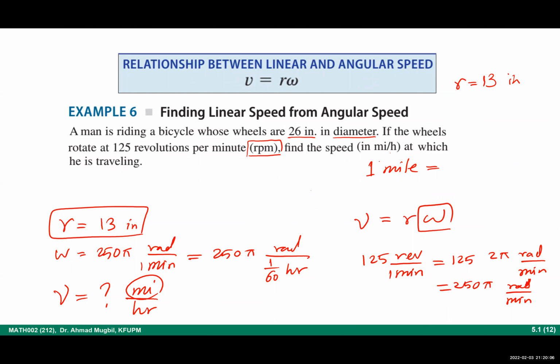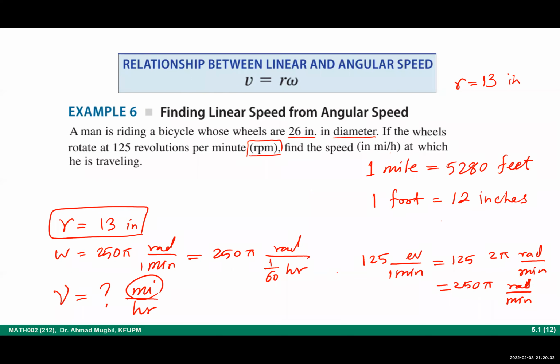Usually we use the metric system for such problems. So 1 mile is 5,280 feet. And there is a unit between them, by the way, the yard. Now 1 foot is equal to 12 inches.